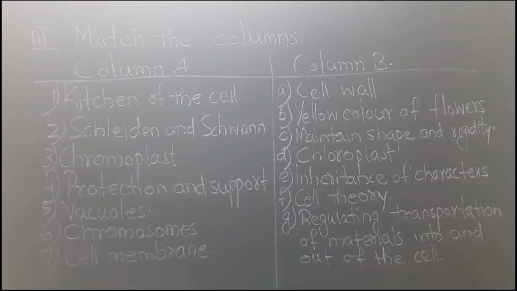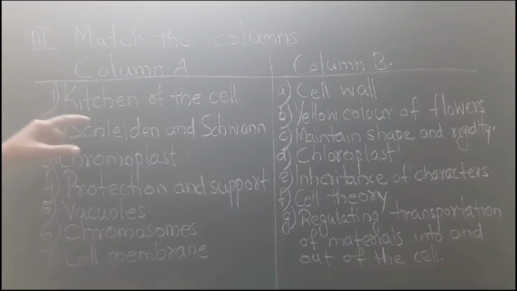Under column B, cell wall, yellow color of flowers, maintain shape and rigidity, chloroplast, inheritance of characters, cell theory, regulating transportation of materials into and out of the cell. Let's see one by one.